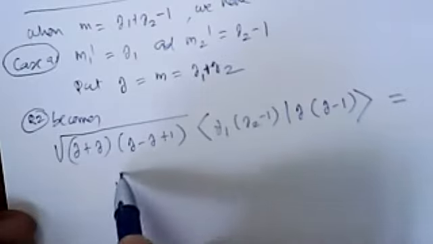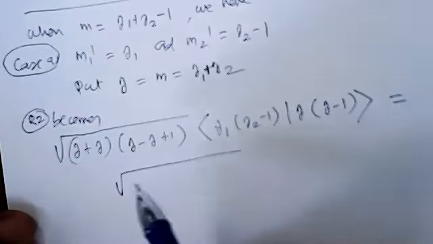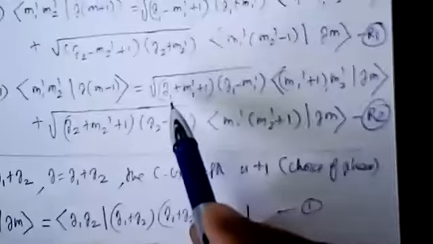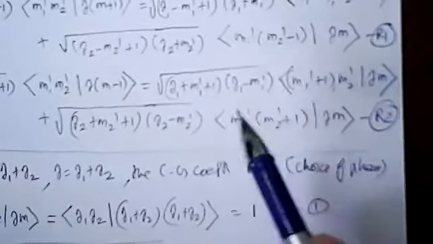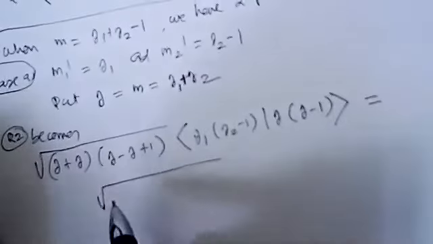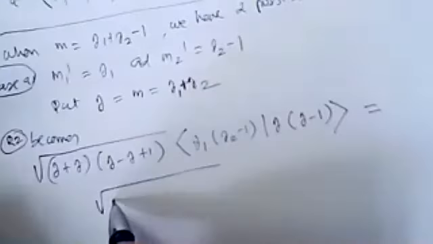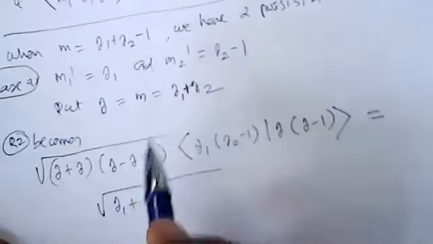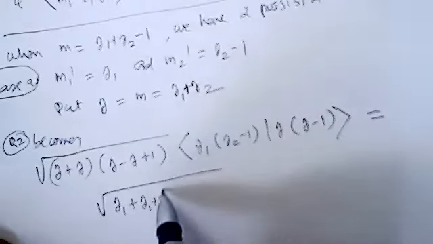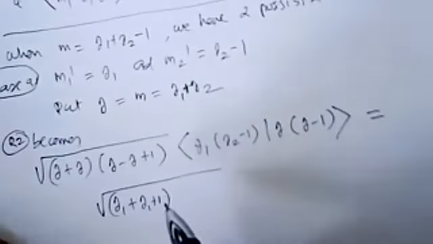root of, what is here, j1 plus m1 dash plus 1. Okay. So j1 plus m1 dash is j1, j1 plus 1. Okay.